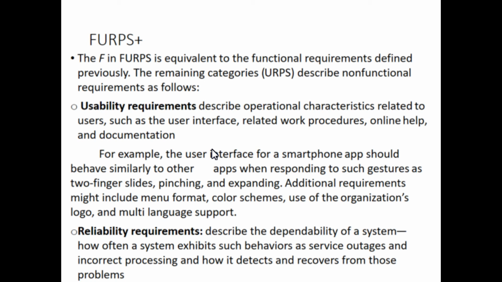Usability is about the user interface and ease of use of the system. Reliability requirements are whether the system is dependable or not: how often the system exhibits behaviors such as service outages and incorrect processing, and how it detects and recovers from those problems.